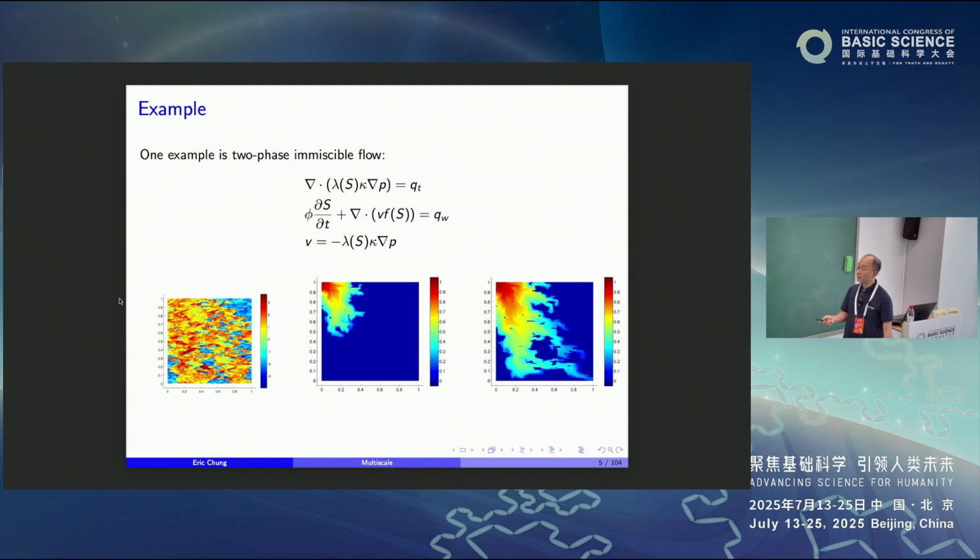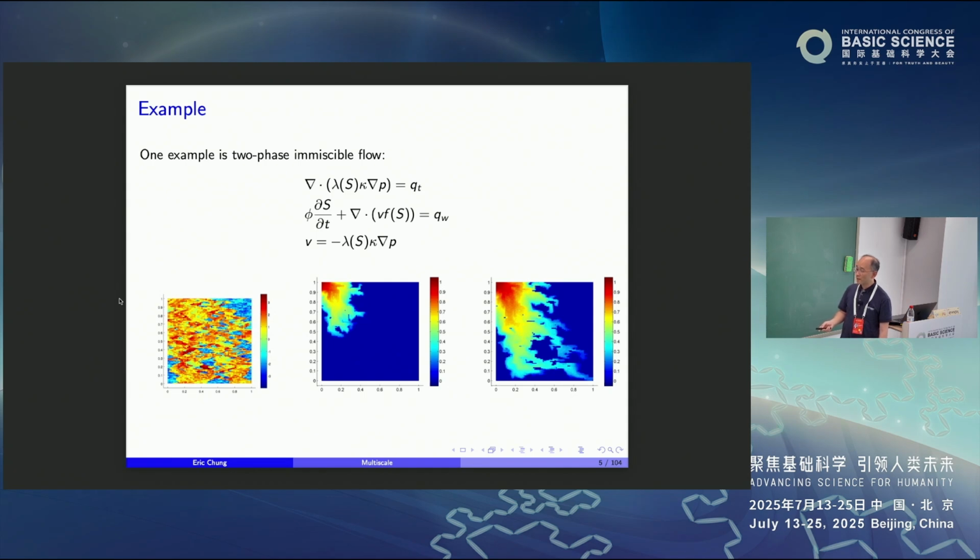So altogether there are three unknowns that we have to solve. In the first equation, we need to solve this elliptic equation for P. The second equation is a transport equation for saturation. And the velocity is defined in this way according to Darcy's law.